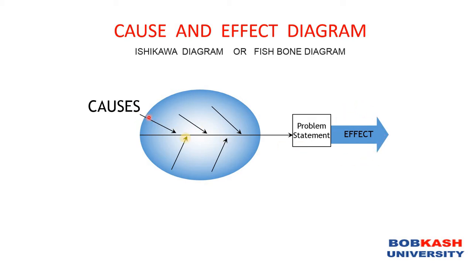So these causes are written like this: cause number 1, cause number 2, cause number 3, cause number 4, cause number 5. These are the causes which result in the problem which we see in front of us as the effect. So this effect is the effect of the causes, right? This is called the Ishikawa diagram or cause and effect diagram.